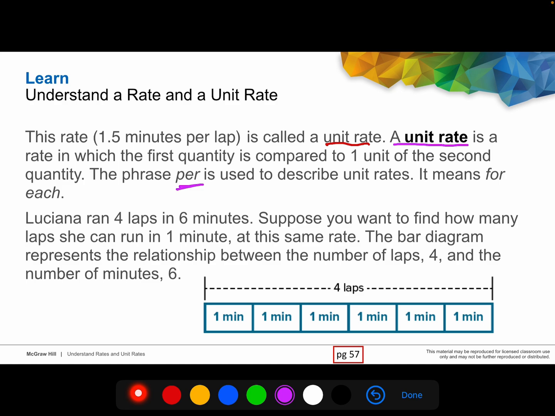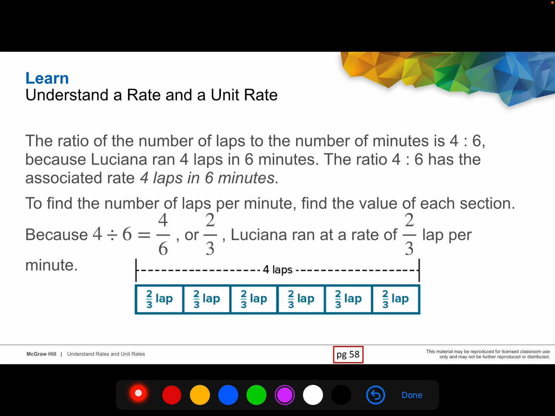our bar diagram is now going to change. We have 6 sections of 1 minute each, and she ran 4 laps in those 6 sections. So the ratio of the number of laps to the number of minutes is 4:6 because she ran 4 laps in 6 minutes. This ratio, 4:6, has an associated rate of 4 laps in 6 minutes.